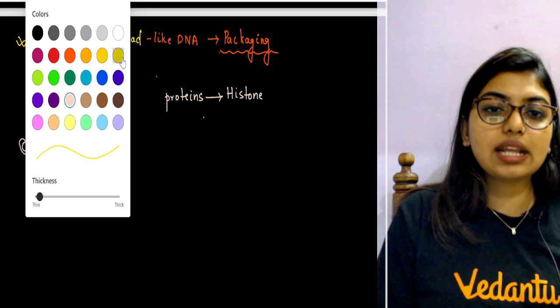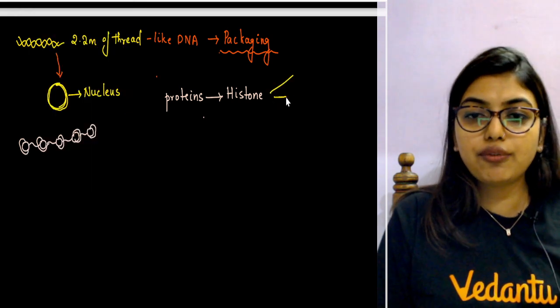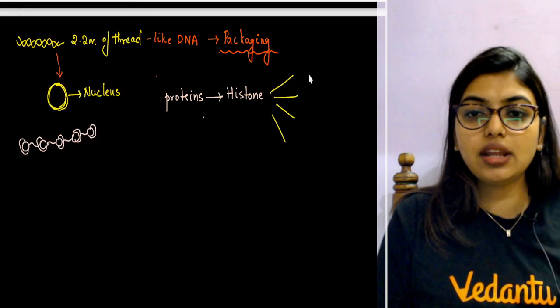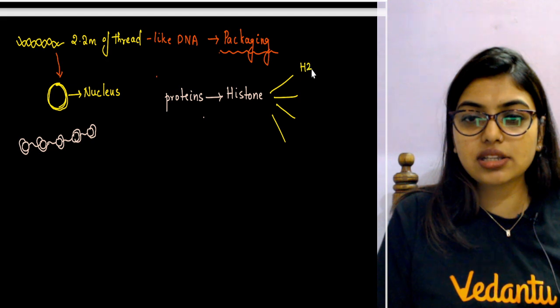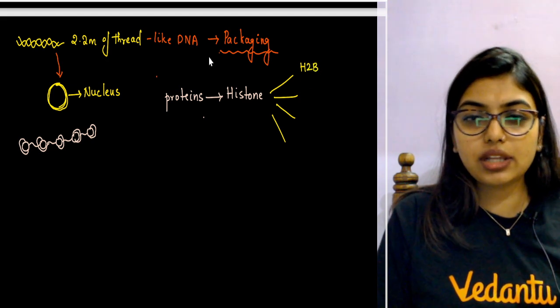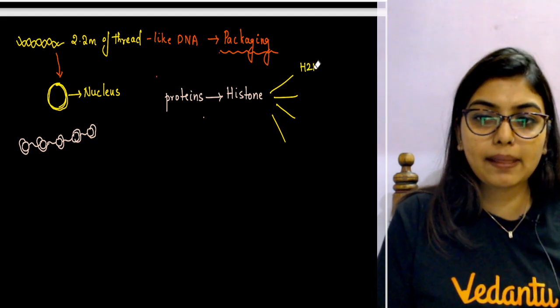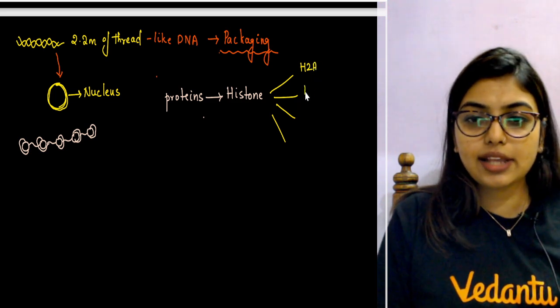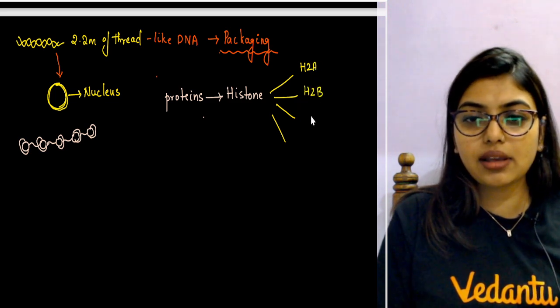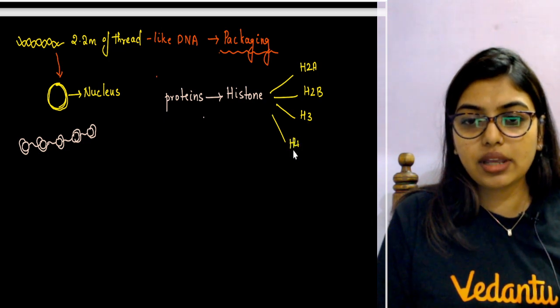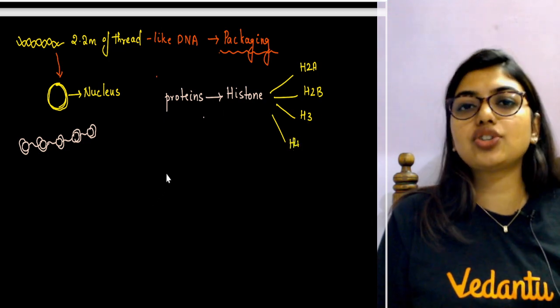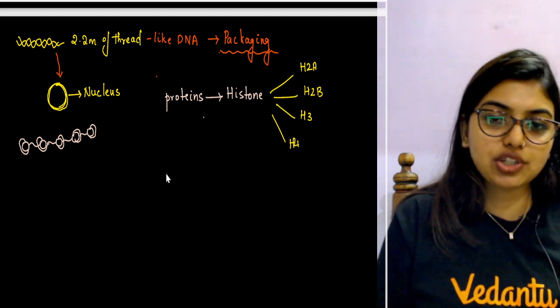There will be four histones that come for the packaging: H2A, H2B, H3, H4. These four histones are going to help in the packaging of DNA.